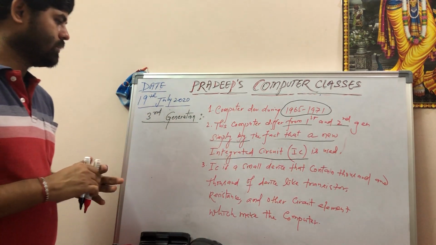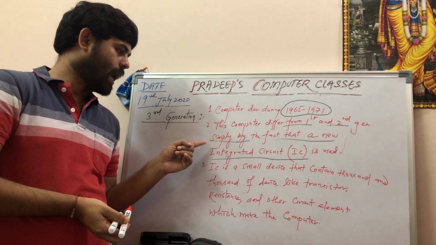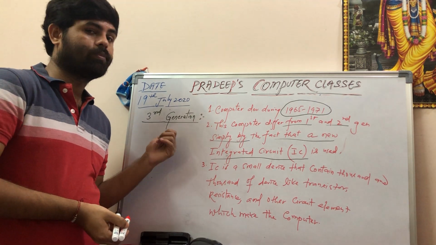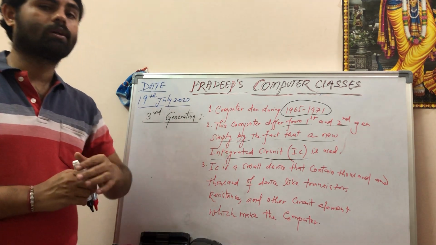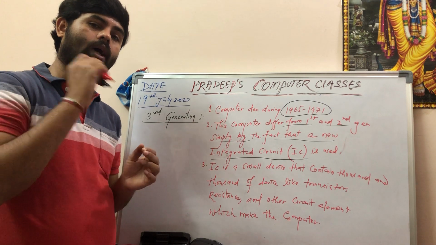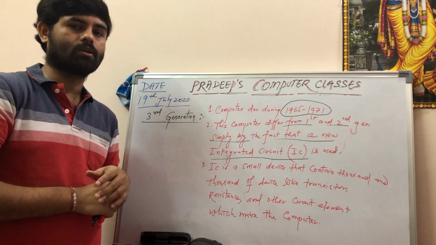So that means in the third generation a new technology has been used here, and because of that the computer might be faster than the second generation. So if the question is asked, or you have to remember in which generation the IC has been used, you have to say in the third generation.